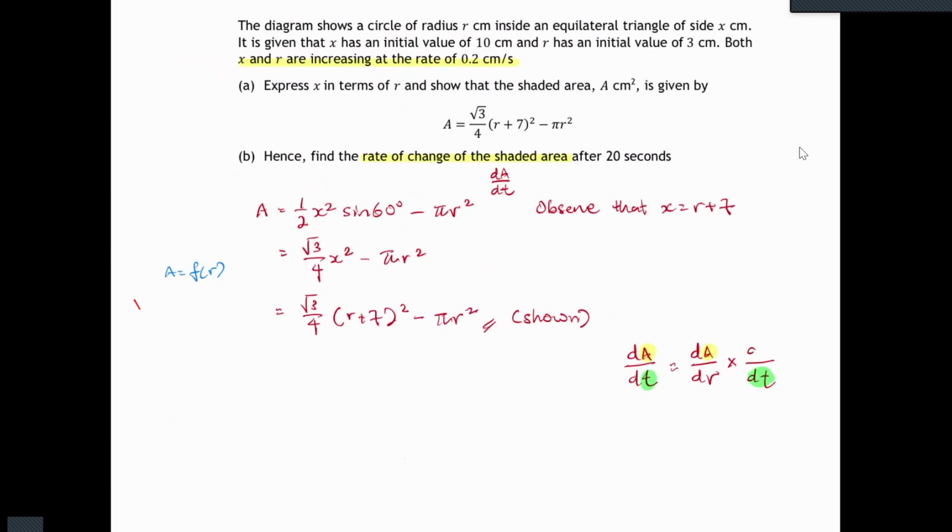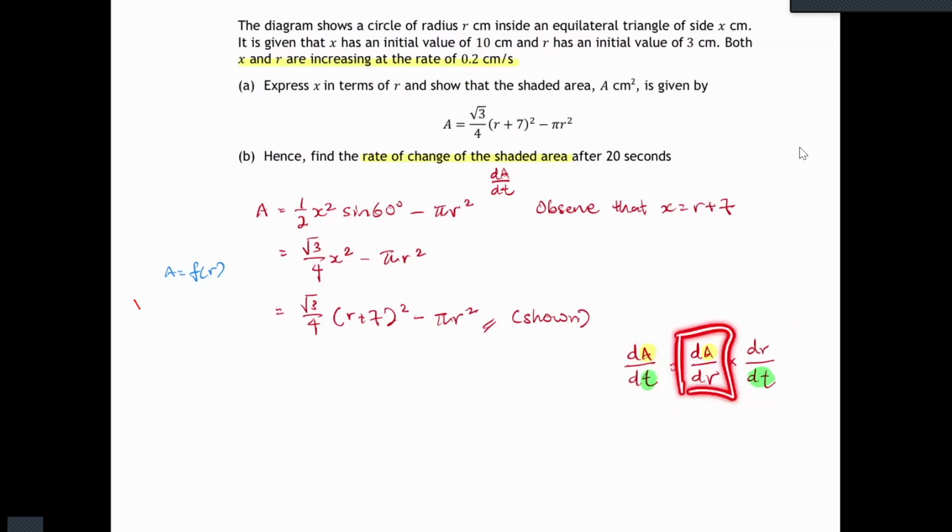So I have dr. Newton says you can treat this chain rule as a fraction, even though technically it's not really a fraction. dA/dr and dr/dt are derivatives, but there are proofs that say you can treat these two like fractions. So it's as if your dr is cancelling out, but it's not the case. So based on this, once we fill in the missing piece of the puzzle, this one we know is 0.2. From here, we should be able to calculate dA/dt.